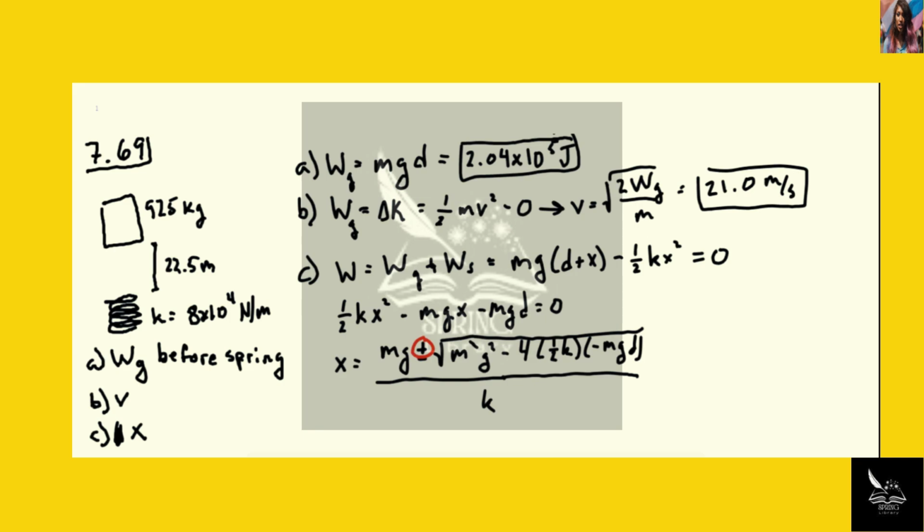So we want to take the positive root here because we assumed in how we set this up that x is positive. And then, just plugging in the values for all of these things, and you might want to simplify some of this first before you go plugging numbers in. But either way, you get 2.37 meters is the distance that the spring compresses before the elevator stops.